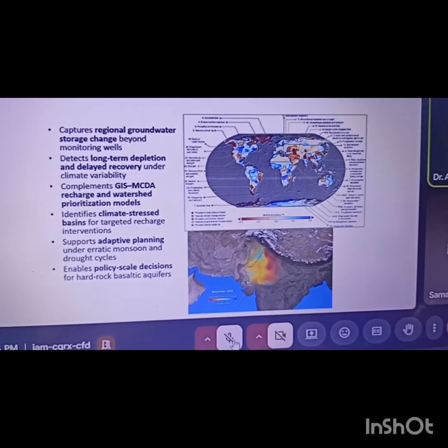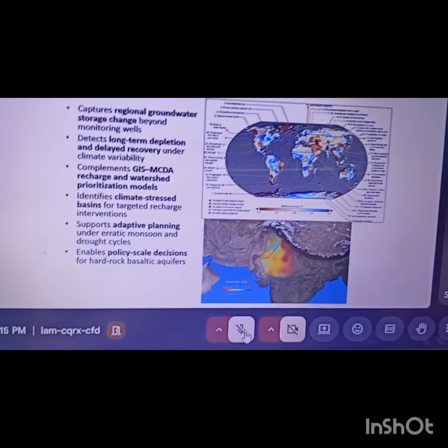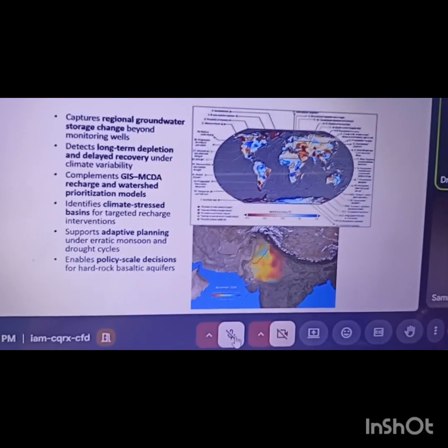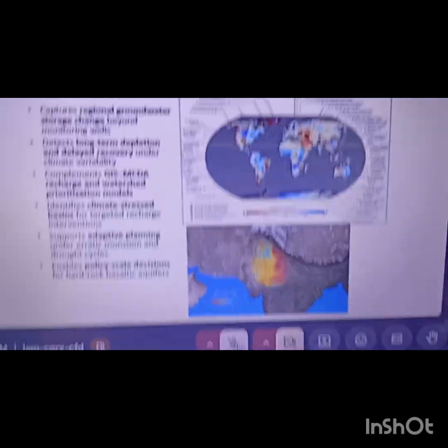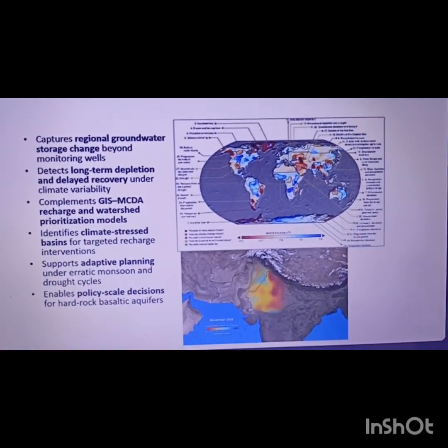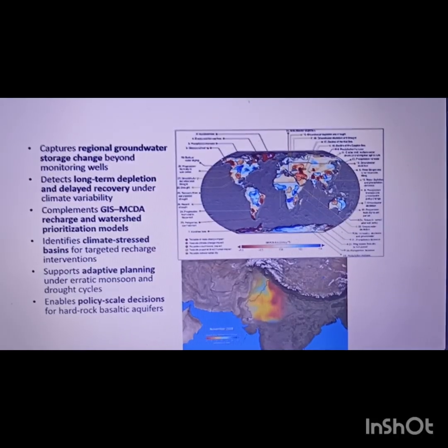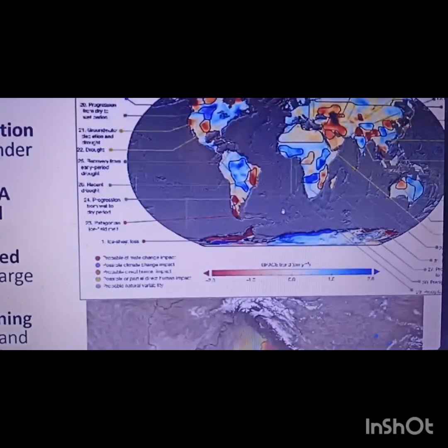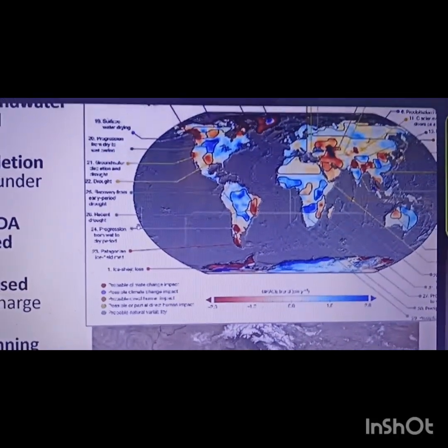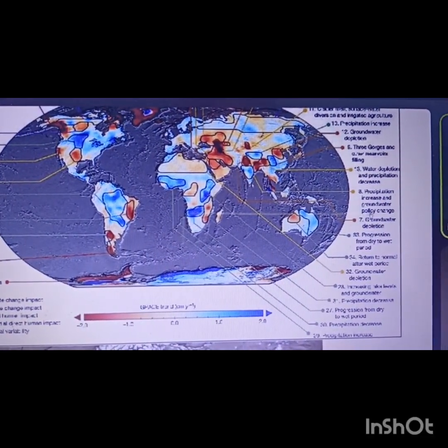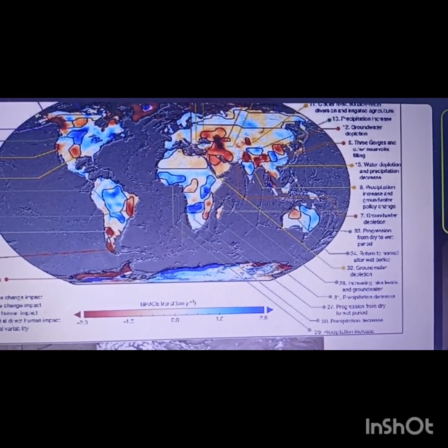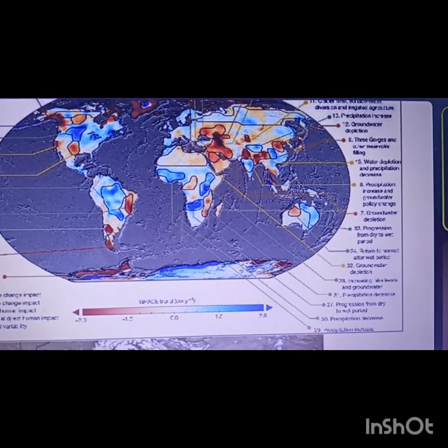This is some of the information that we collected, or it is collected from the net also. If you see over here, I don't know how much you can see, but in some parts the precipitation increases and the groundwater policy changes.